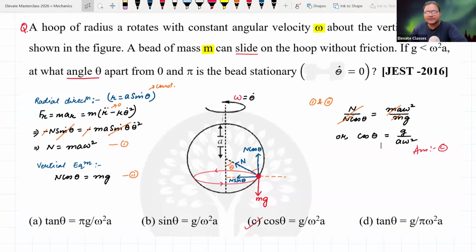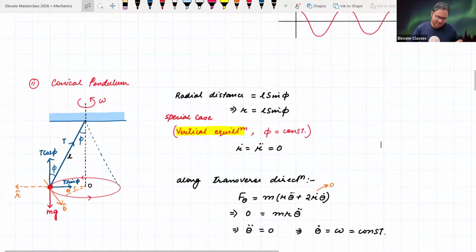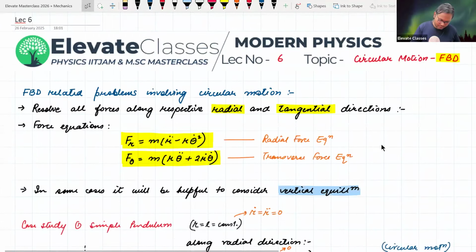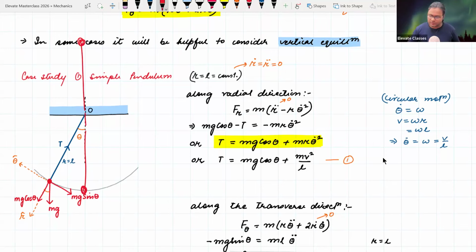Potential maxima. Can the pendulum exist in this position, if all the forces are balanced? Yes, it can. Do you know that a pendulum has two equilibrium points? This is one equilibrium position. This is another equilibrium position.